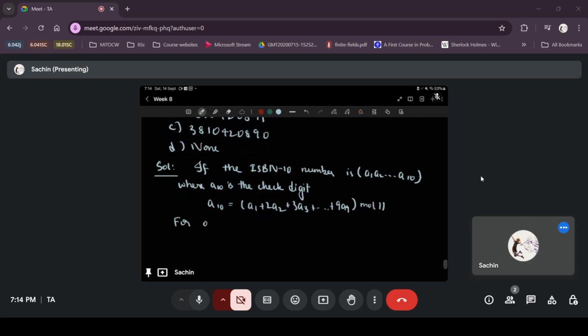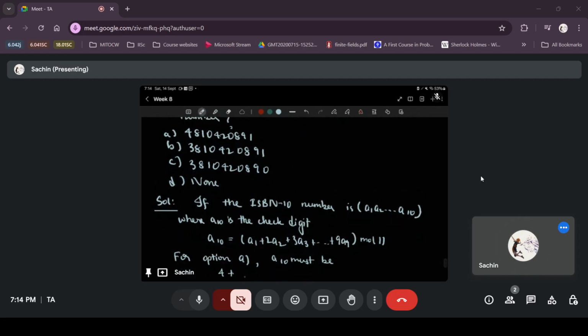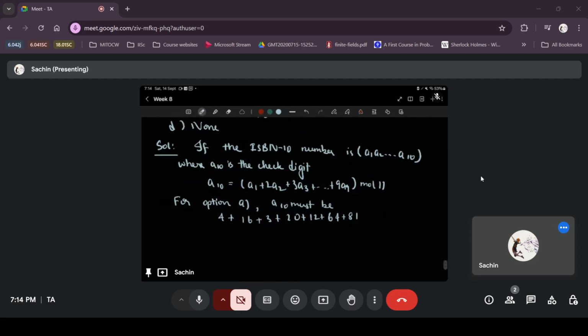For option A, A10 must be 4 plus 2 into 8, 16, plus 3 into 1, 3, plus 4 into 0, plus 5 into 4, plus 6 into 2, 7 into 0, plus 8 into 8, plus 9 into 9, which is in mod 11.